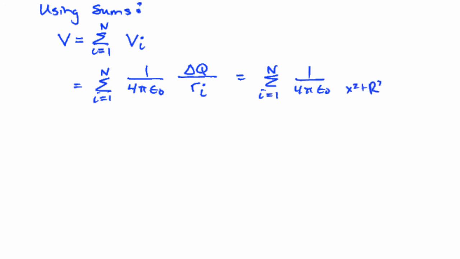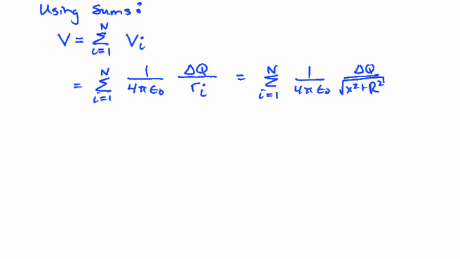Looking at this, the only part we need to sum over is delta Q. That's the only part that changes as I move around this ring. X stays the same because the ring is perpendicular to the x-axis, so every point on the ring is the same distance x away. Every point on the ring is also the same distance R from the center of the ring.